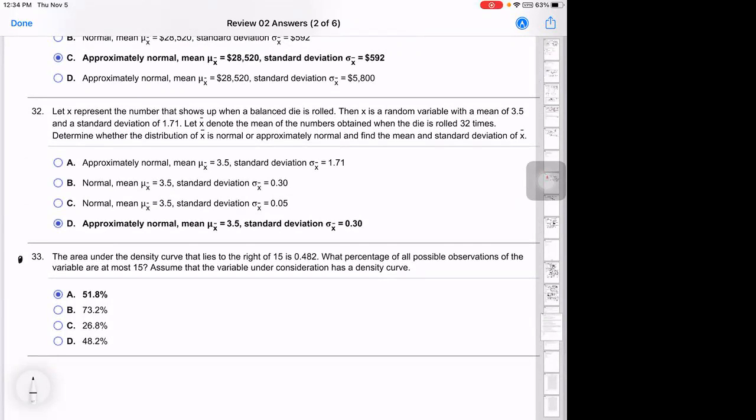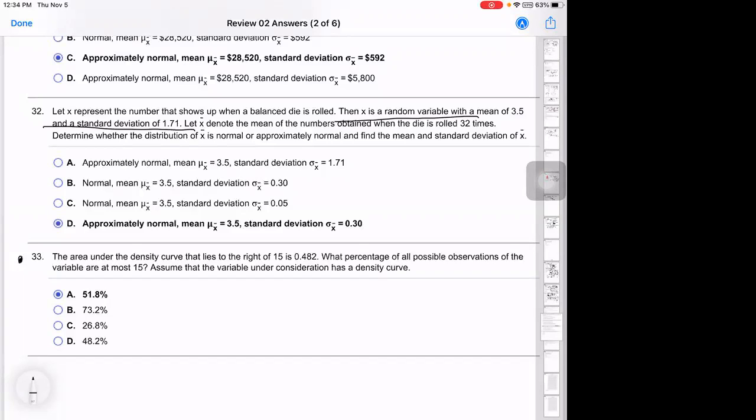Just check 32. I'm not going to solve this problem, but I'll tell you there is a special case. X is a random variable with this mean and this standard deviation. They haven't mentioned X is normally distributed, just a random variable.